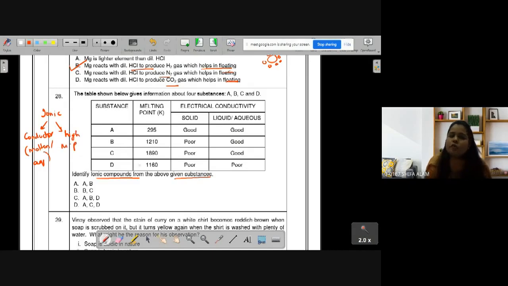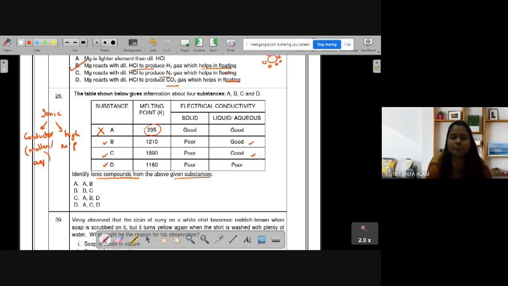So let us look for the substances that have high melting point. A cannot be regarded as a substance with high melting point, so A could not be the correct answer. It could be B, C or D that has high melting point. It is in the range of 1200, 1800 and 1100. Now the substance that conducts electricity only in the molten or aqueous state would be good.